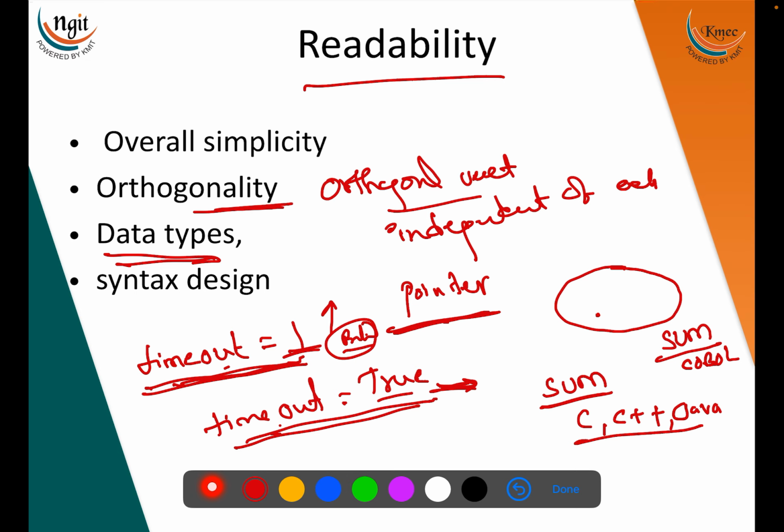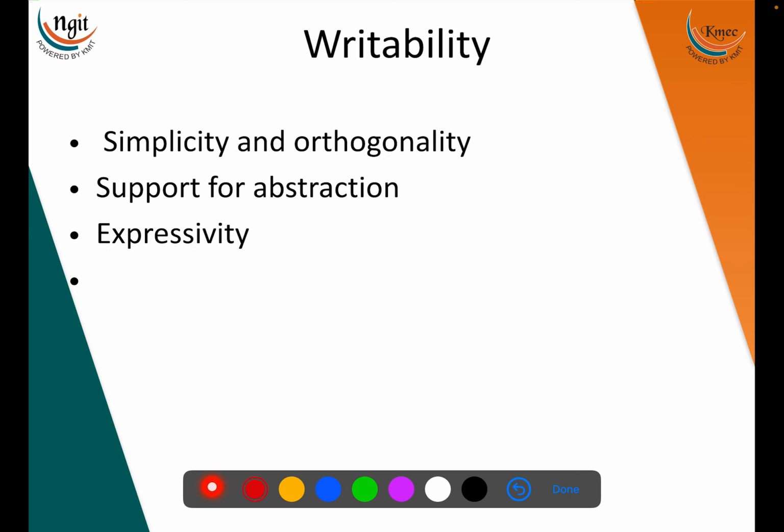And we'll see the writability feature. So writability is what? Readability should lead the user to write it. If I'm sending a message, which is hi, to my friend, I should understand this, correct? And I should be able to give a reply which he is expecting.